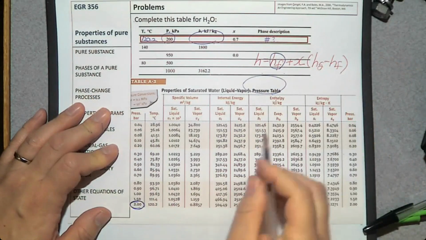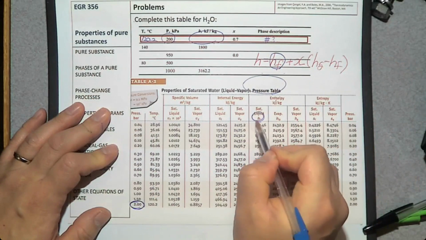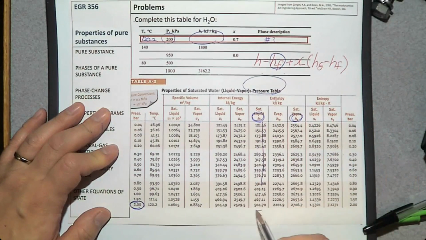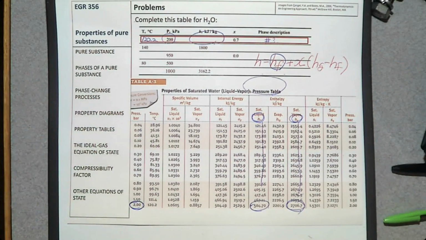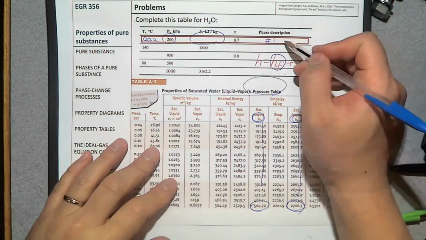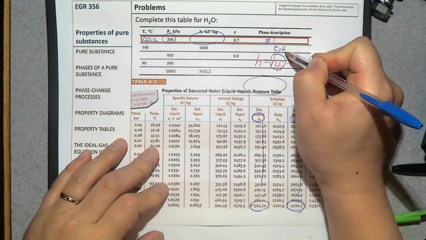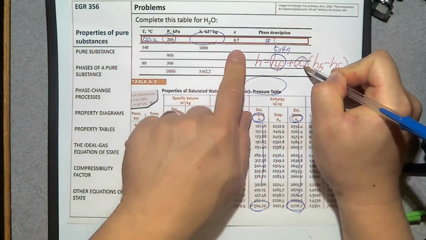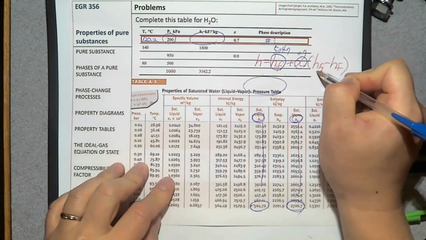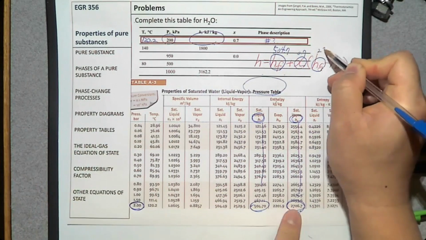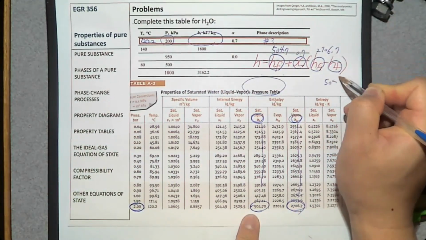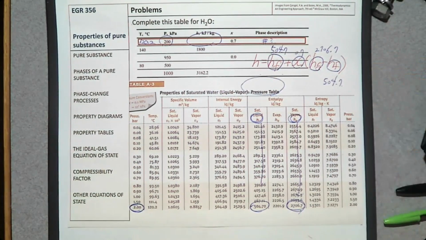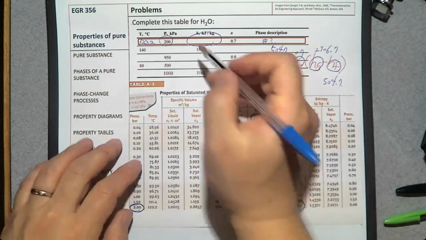At this pressure, here is hf, hg. So the numbers we are looking for are these two, hf and hg. So this one is 504.7. What is quality x? 0.7. What is hg? 2706.7. hf, 504.7. So if you do the calculation, you get the h value.